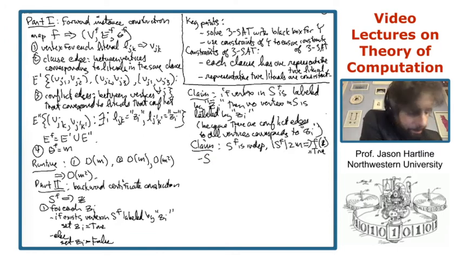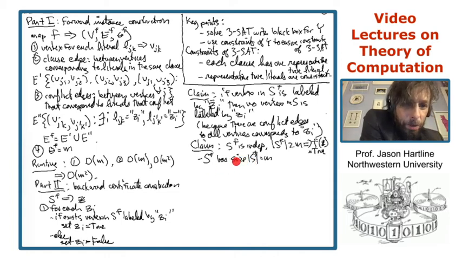First of all, the independent set must have size exactly m. Since it has size at least m and it's independent, we know it has size exactly m.